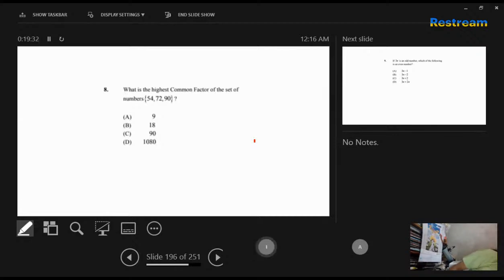So the highest of these common factors is 18. 18, okay.